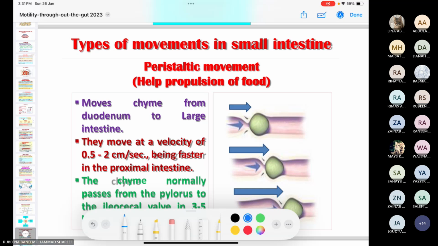So we were talking about the movements in the small intestine. First we have peristaltic movement. The main function of peristaltic movement is propulsion of food in the aboral direction. In the GIT there are two directions: oral means from the mouth, and aboral is towards the anus.